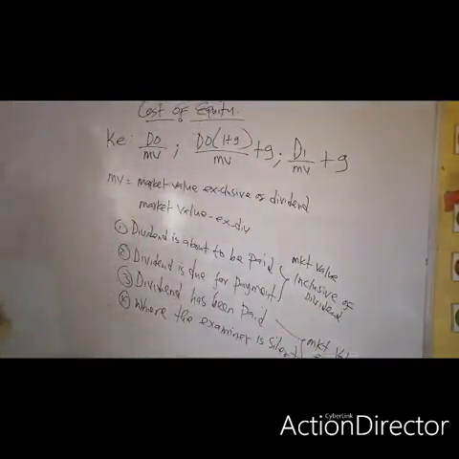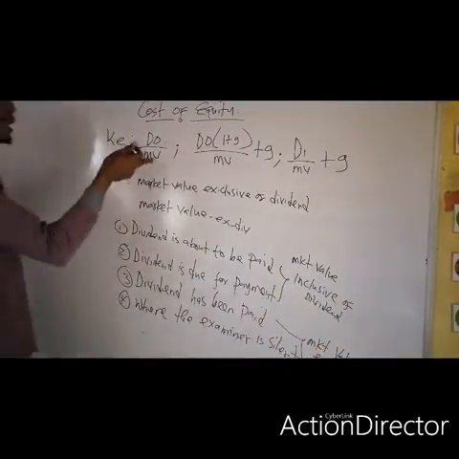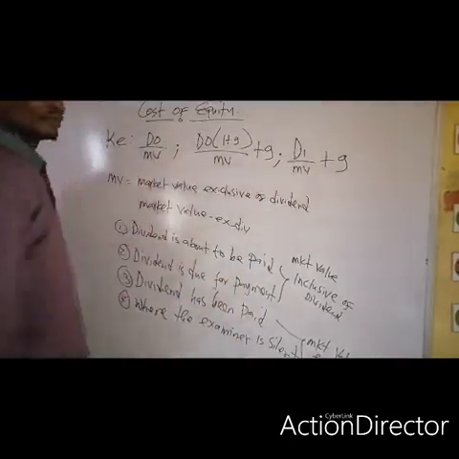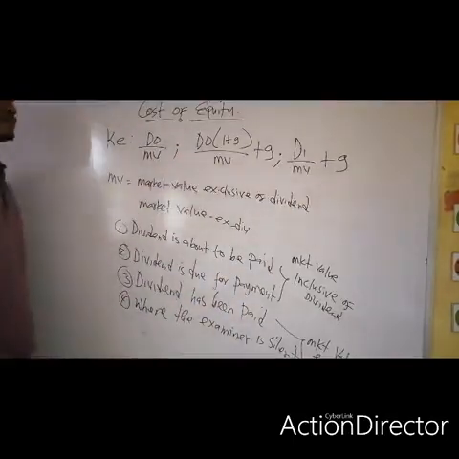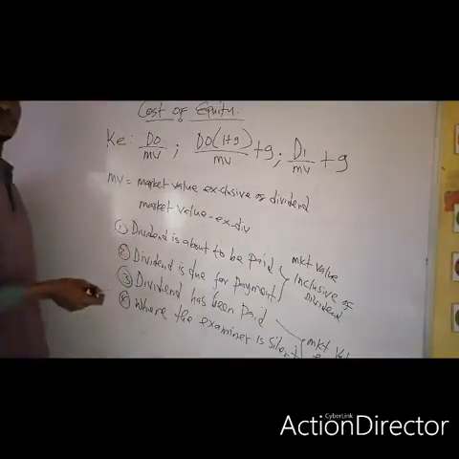Having said this, I hope you understand when to apply each of these formulas. You apply this formula when there is no growth in dividend. You apply this formula when there is growth in dividend and you are given the dividend in year 0.